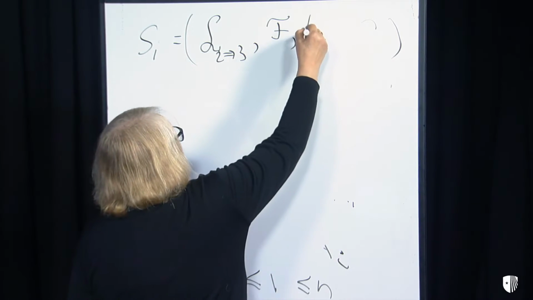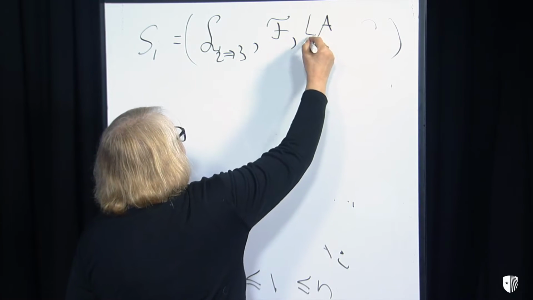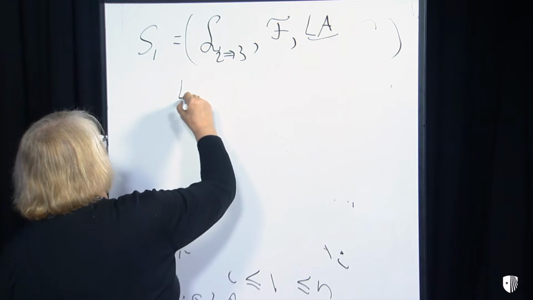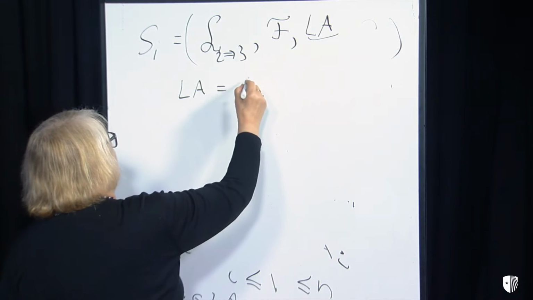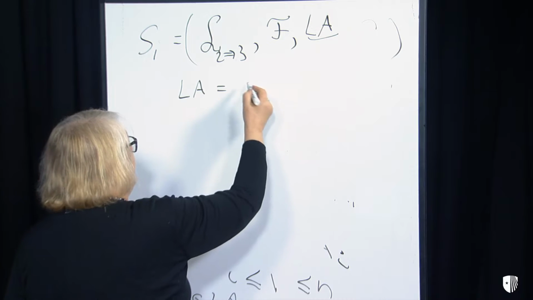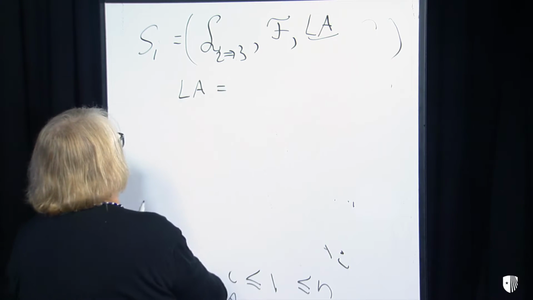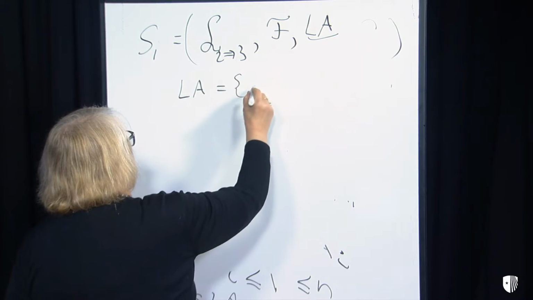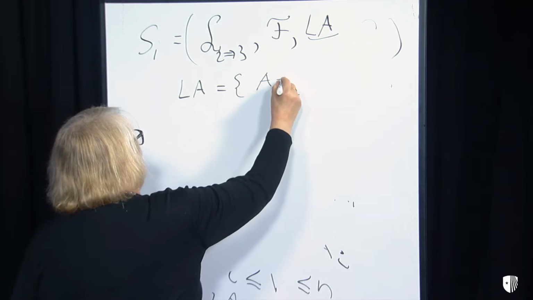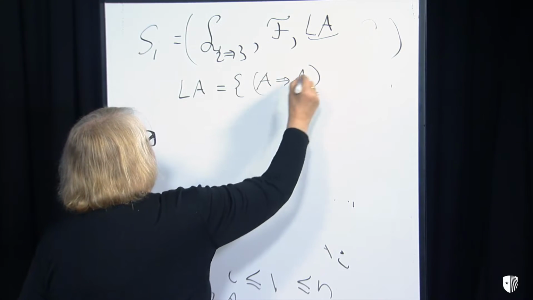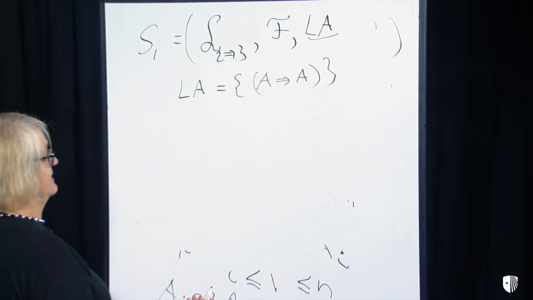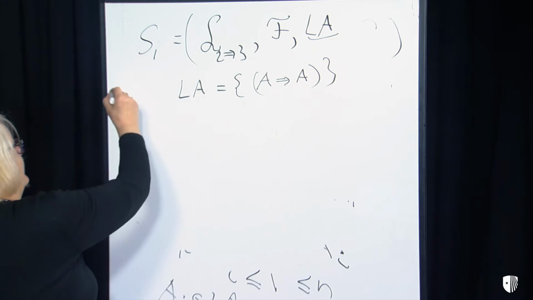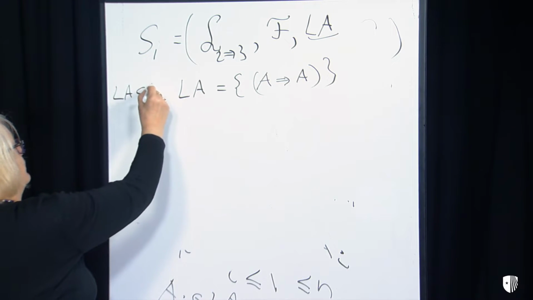And now I take logical axioms. I have to define it, and it has to be a set. So the logical axioms are a set which has only one axiom, which is the formula A implies A. Remember that logical axioms are a subset of formulas.